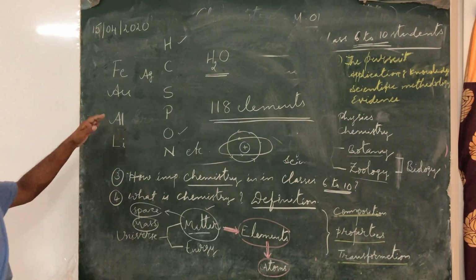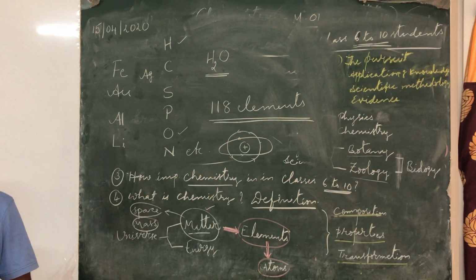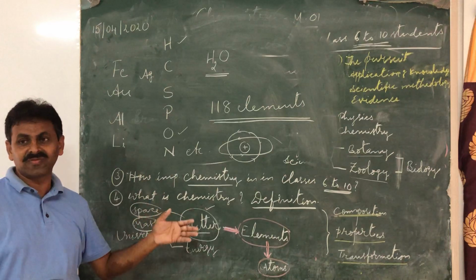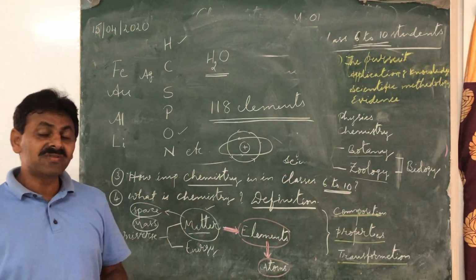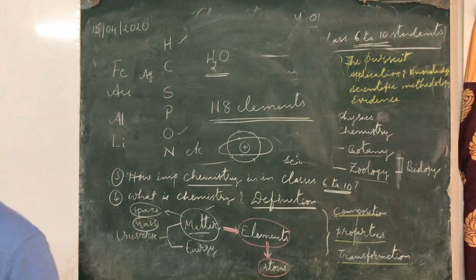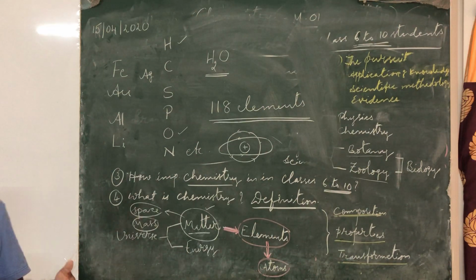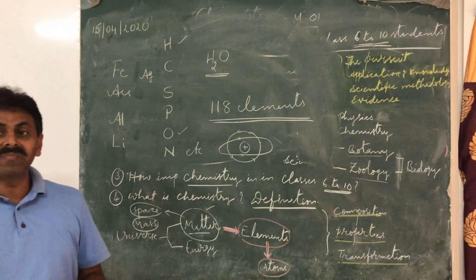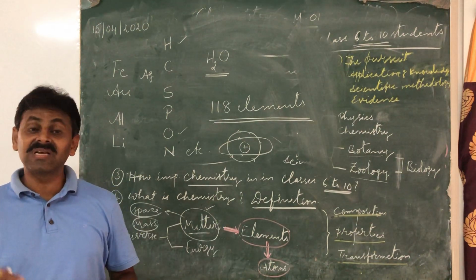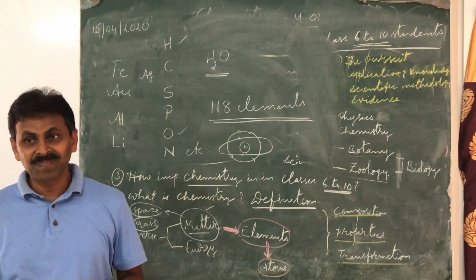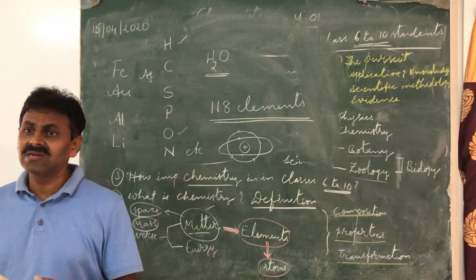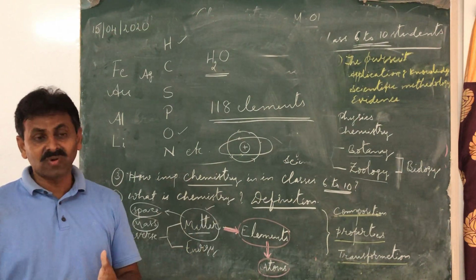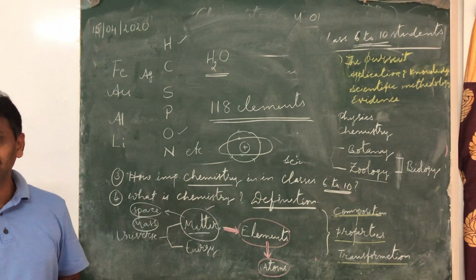There are some elements which are reactive, there are some elements which are not reactive, there are some elements which are very hard, some elements which are soft, there are some elements which exist in gaseous state, some elements which exist in liquid state, for example bromine, mercury. Mercury is a metallic element which exists in liquid state. Usually metals are hard, brittle, sonorous, that's what you have been studying about.